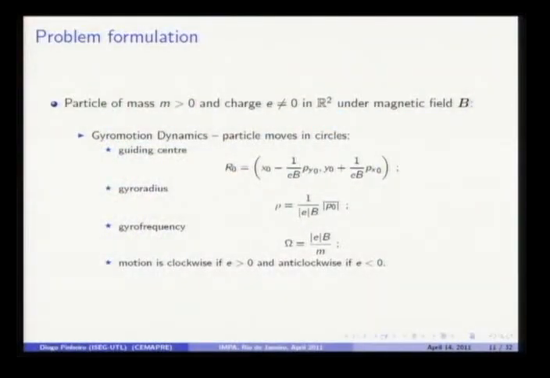The particle just goes around a fixed center called the guiding center, with a fixed radius, and note here, the radius is the quotient between the energy, the size of the momentum, and the intensity of the magnetic field B. And the particle goes around with a fixed frequency, which is usually called the gyro frequency. Okay, the motion is clockwise if the charge is positive, and anti-clockwise otherwise.